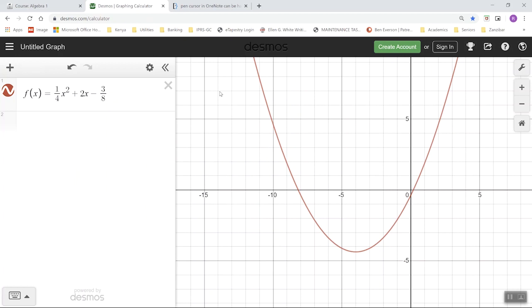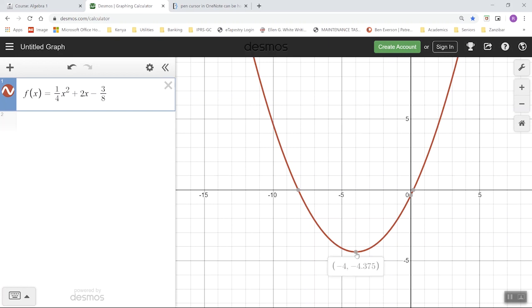So I've already put the function in. F of x equals 1/4 of x squared plus 2x minus 3/8. This is a parabola. Notice that the 1/4 is a positive number. Therefore, the graph opens up. It opens up.